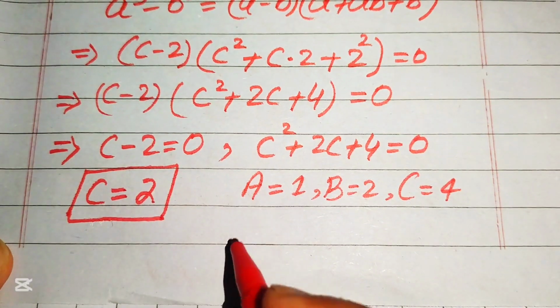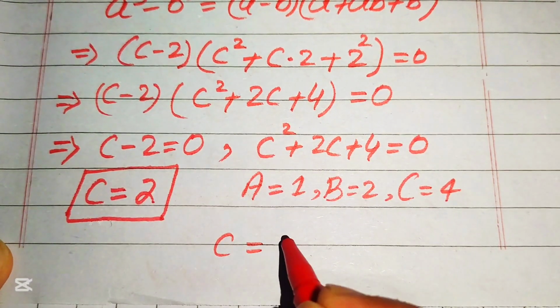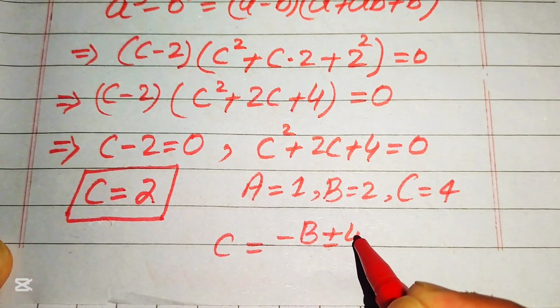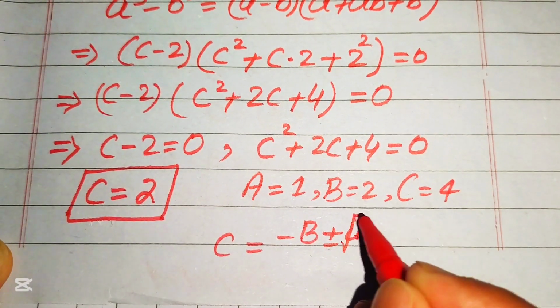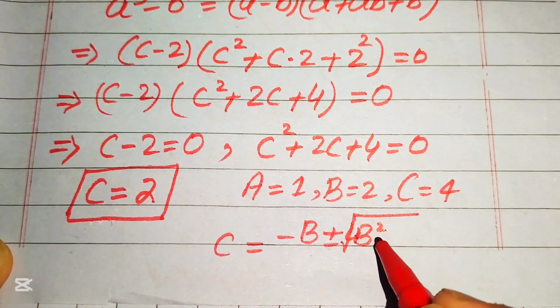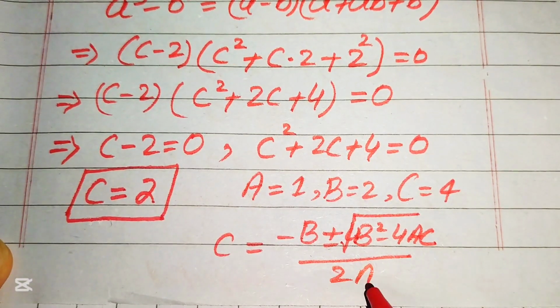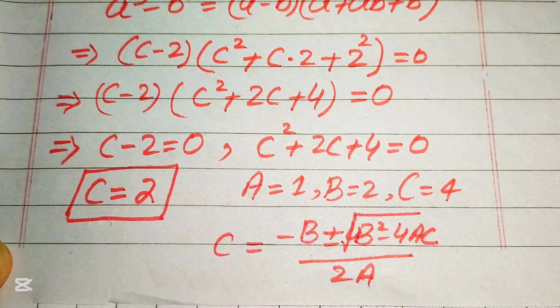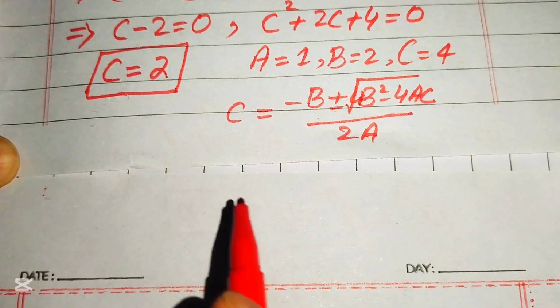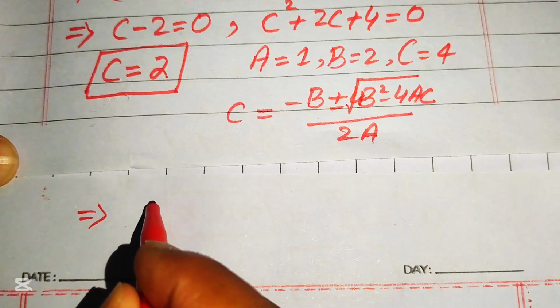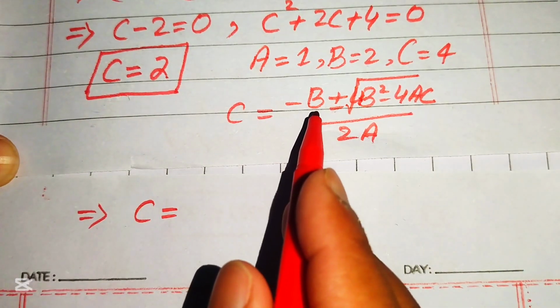And we know the quadratic formula. It is stated as c = (−B ± √(B² − 4AC)) / 2A. Now we need to substitute the values of A, B and C in this formula, and it will be written as c = −B.